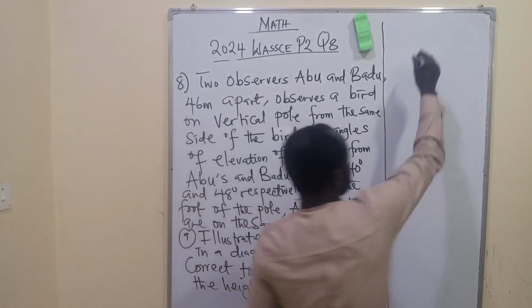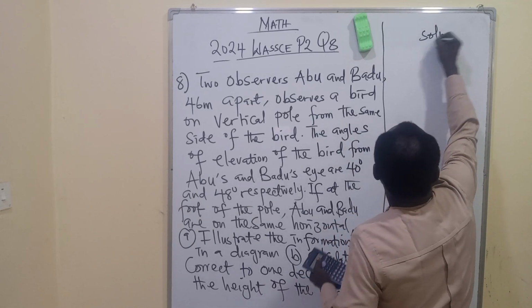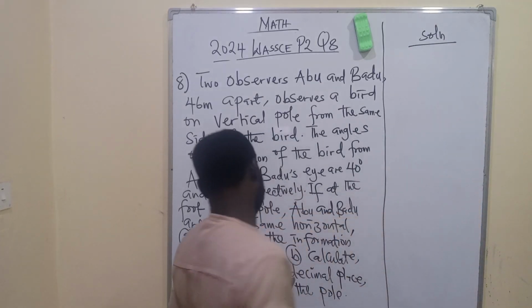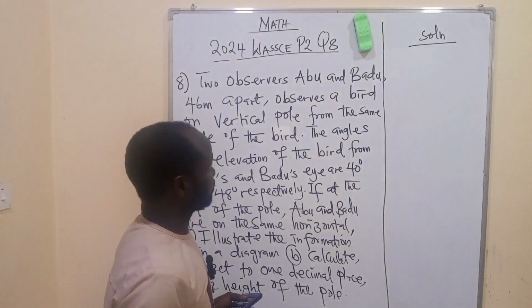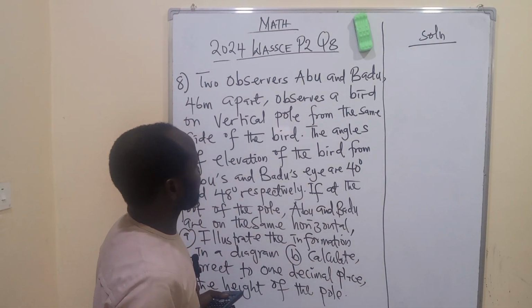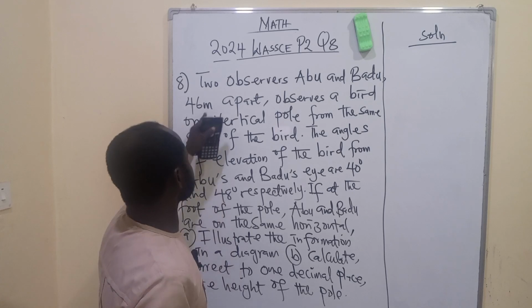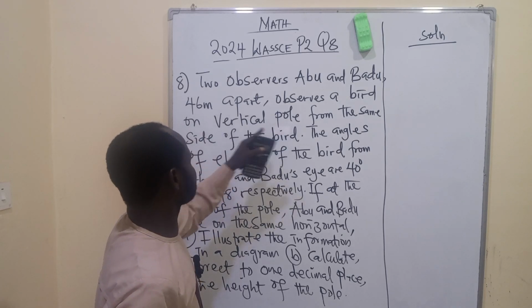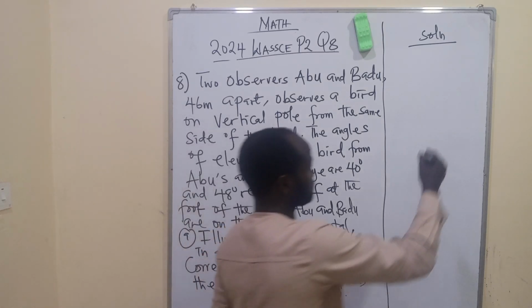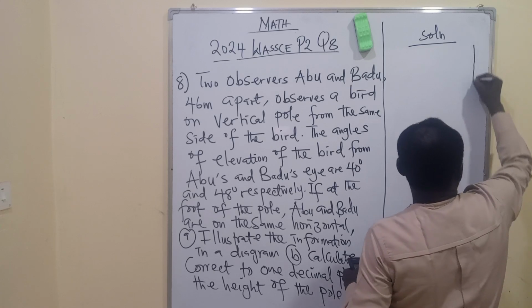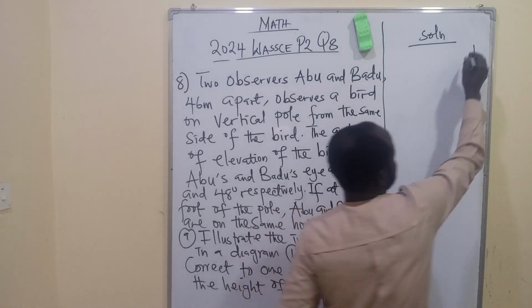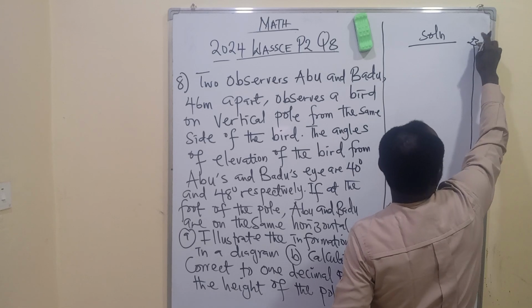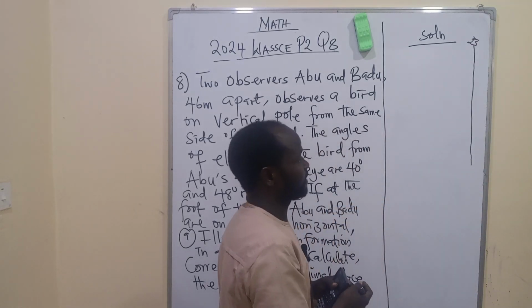So let's write down the solution here. The first question says illustrate the information in a diagram, meaning we have to draw. Two observers, Abu and Badu, 46 meters apart, observe a bird on a vertical pole. So we have a vertical pole like this, and we have the bird on top of this pole.